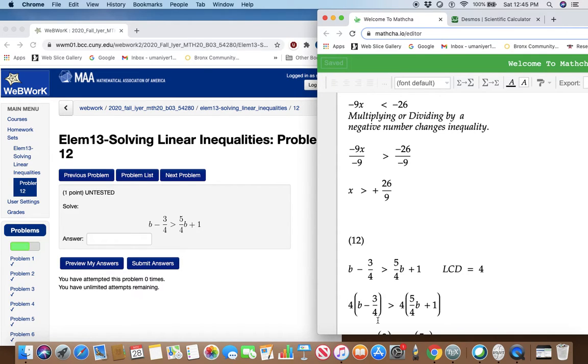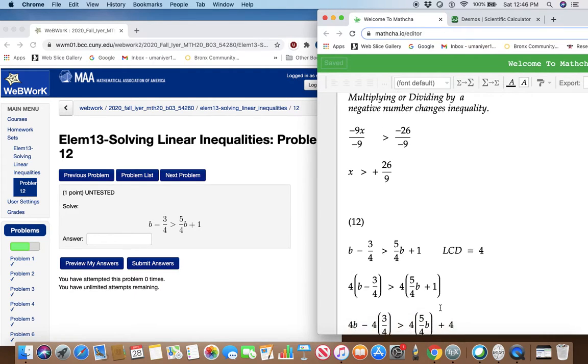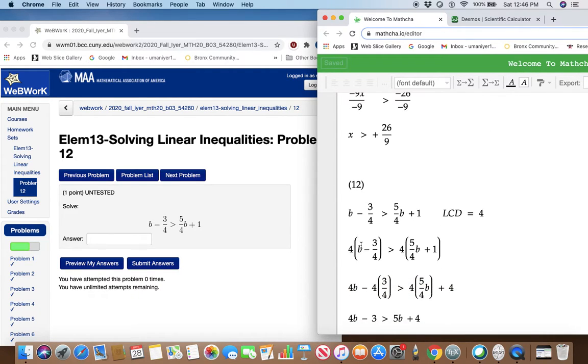4 times the left hand side, all of the left hand side in parentheses, is greater than 4 times the right hand side, all of the right hand side in parentheses. Notice 4 distributes. 4 times b minus 4 times 3/4 greater than 4 times 5/4 b plus 4 times 1, that's a 4.